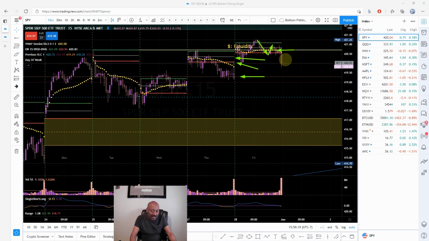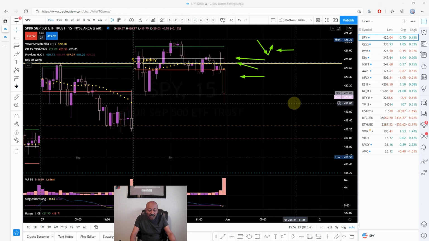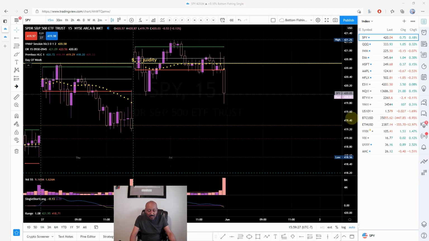Normally, this is the kind of setup that I like, but there are a couple of reasons why I did not enter today. One, I was really paying attention to AMC's price action today. I have a lot of expectation for AMC for next week. But more importantly, the reason I neglected this is price is above VWAP.